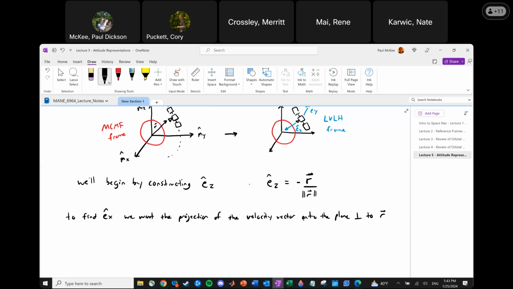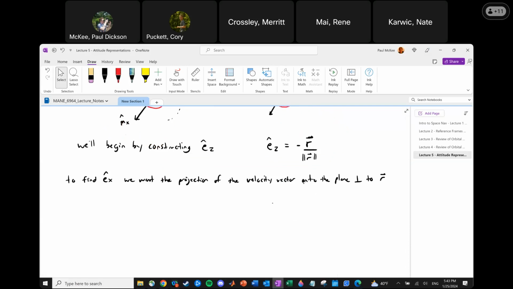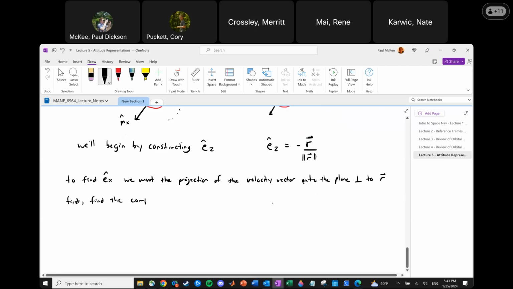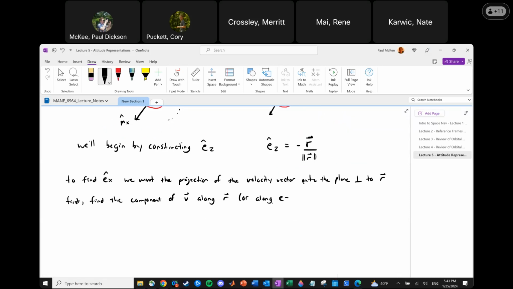Okay, so the way we're going to accomplish that is first find the component of V that is along the R direction or along the EZ direction.